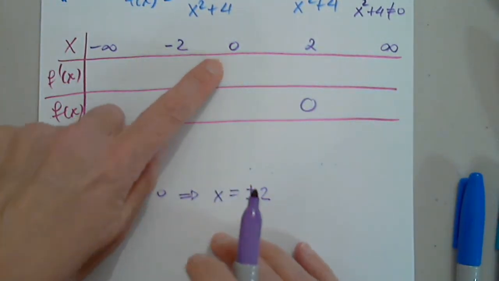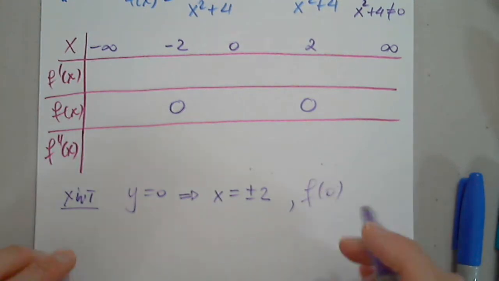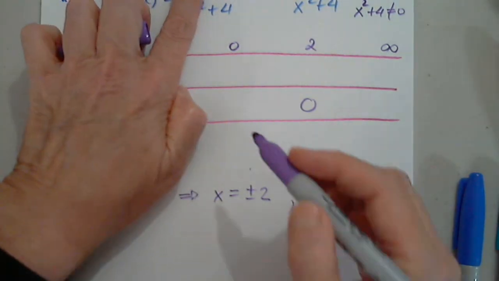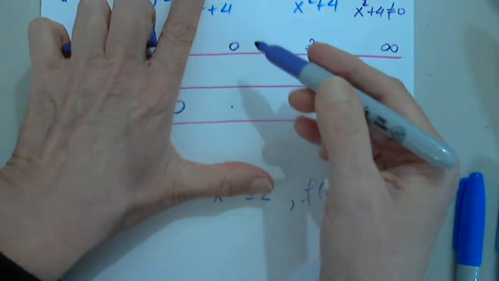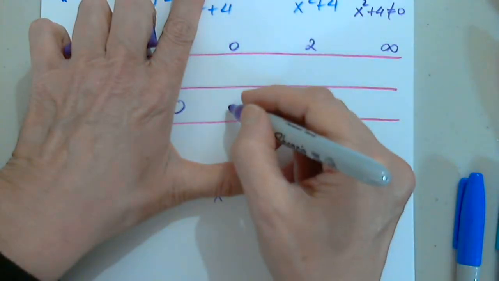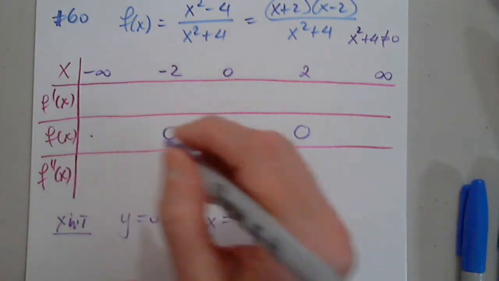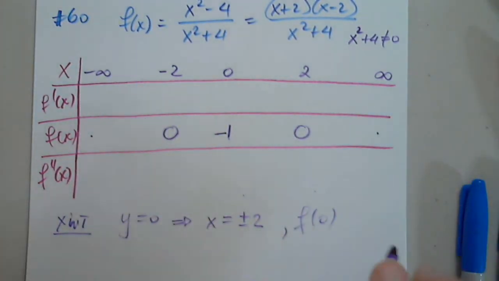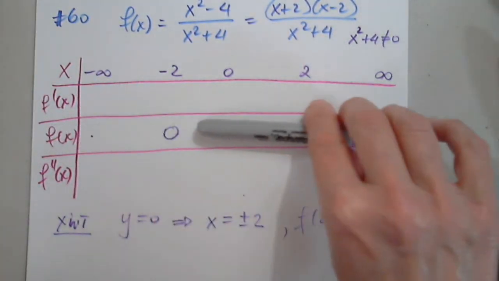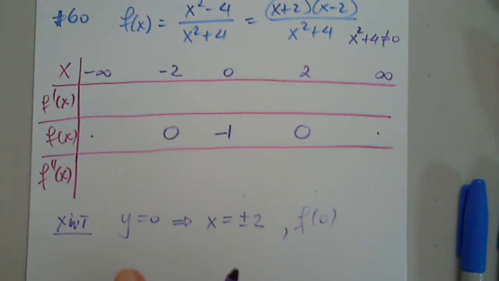Okay, so 0 for the function and 0. Can anyone plug in 0 and determine for us f of 0? -1. -1 indeed. Good. The other thing I need are these limits, and I'm done with the function. I have x and y intercepts.